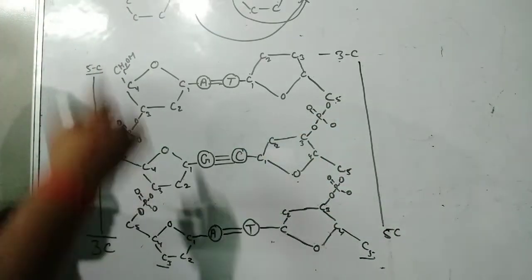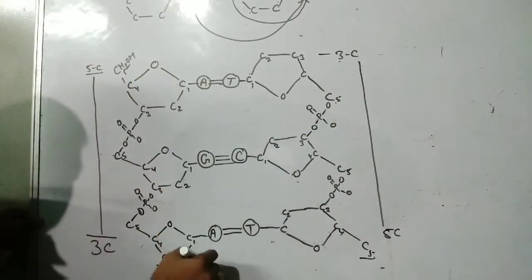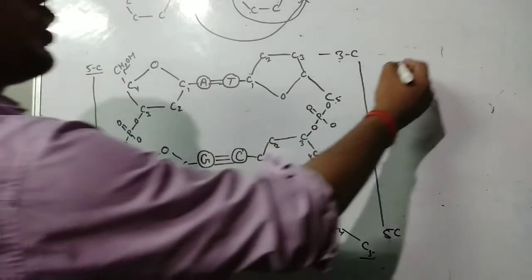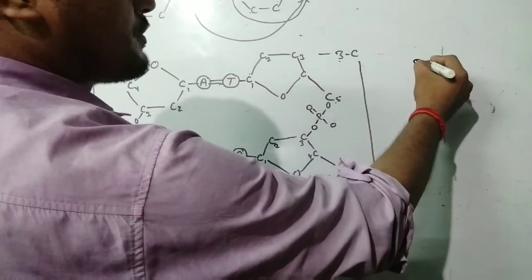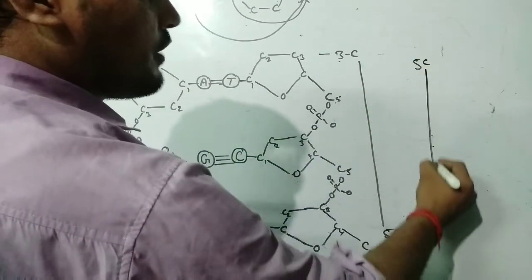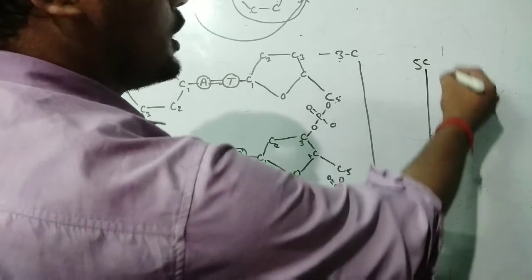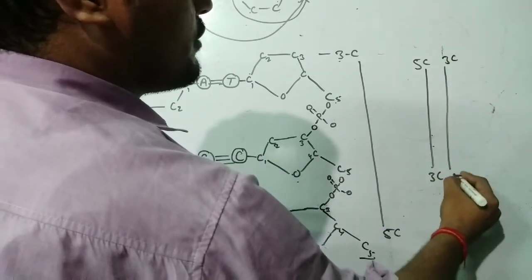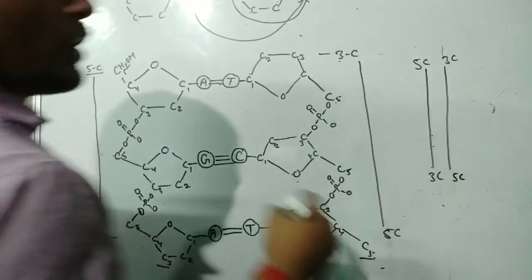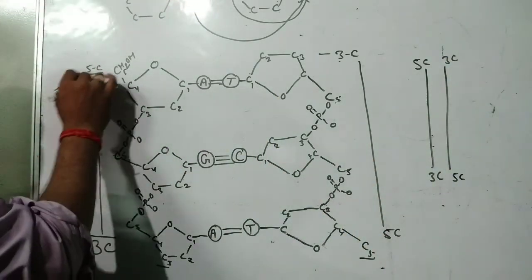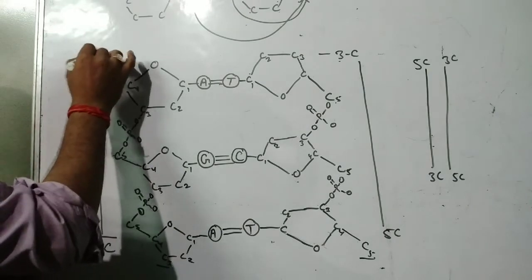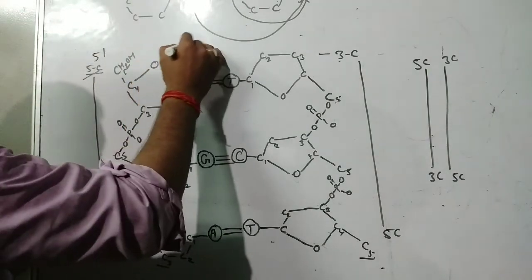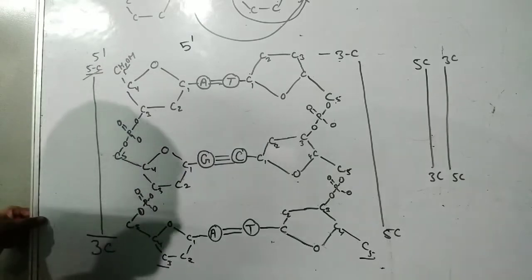Two lines, two chains of nucleotide. This is a nucleotide chain. So one side you started from fifth carbon atom and you end with third carbon atom. One side you started with third carbon atom and you end with fifth carbon atom. What we call this 5 carbon end will be known as 5 prime. आप 5 के ऊपर में ऐसे कॉमा दे दो, that is 5 prime.